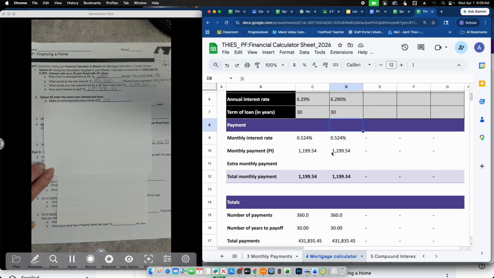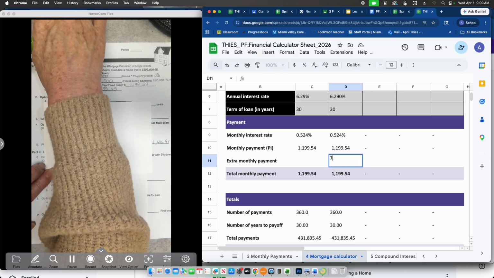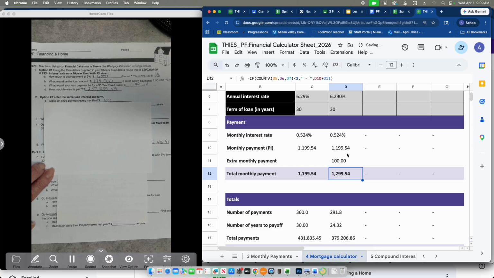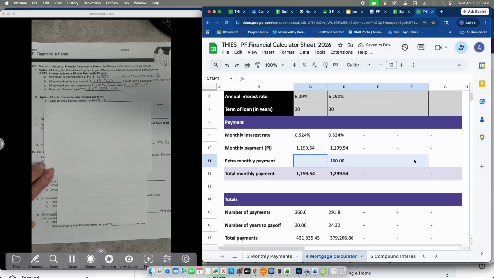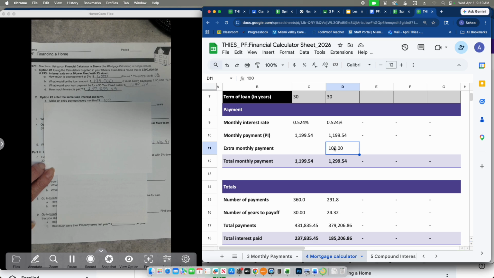Now, this particular year, and I will correct it for future years, when I go to put in $100, it is locked. So you will have to say okay. It should be grayed out after this year, which is 2026. So now I can see my total monthly payment has increased $100.